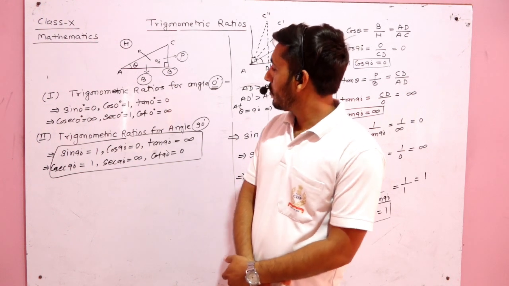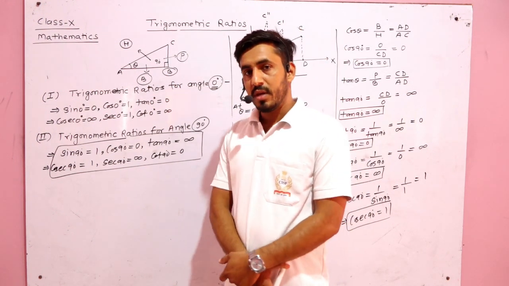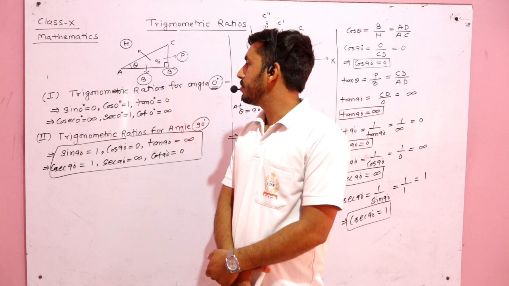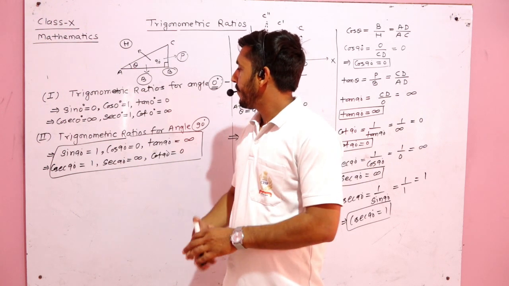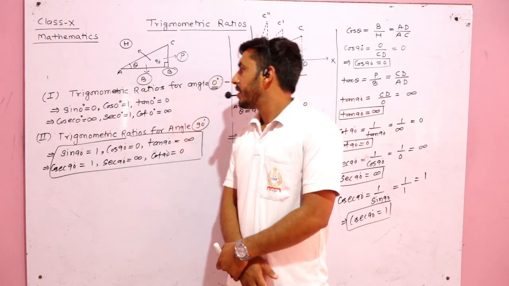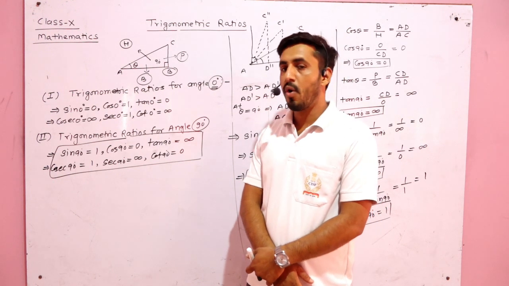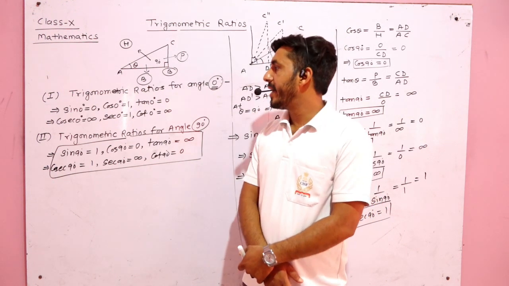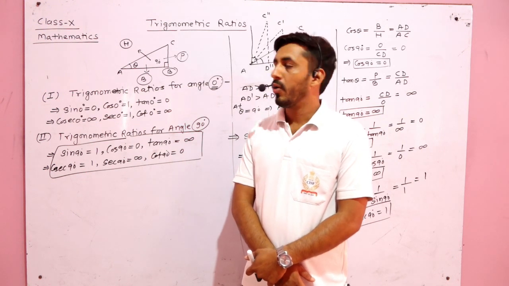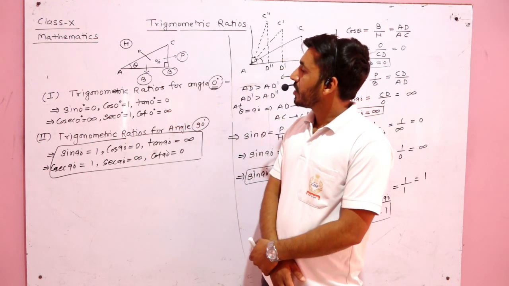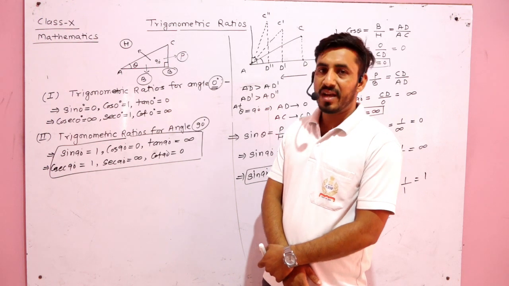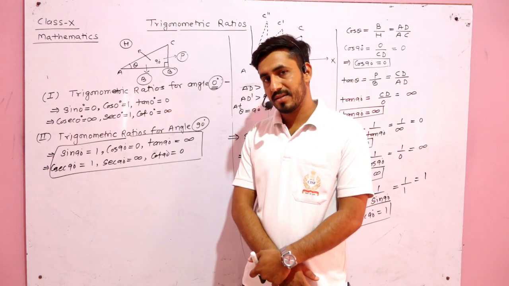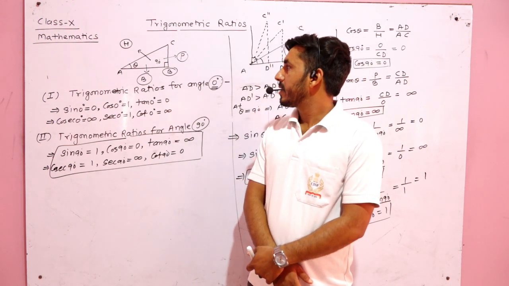First you have to note down all these conditions, and you have to understand these trigonometric ratios at home. If you have any doubt, you can ask by commenting in the comment box. Or the trigonometric ratios for different angles we will discuss in a later class tomorrow. Okay, thank you.